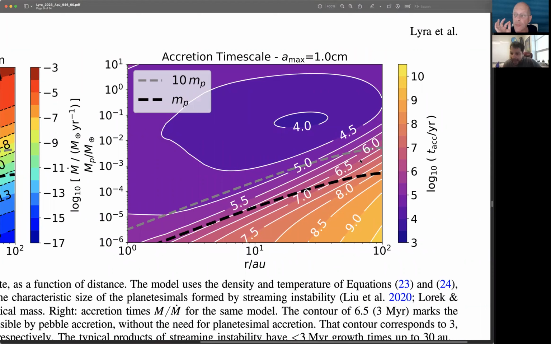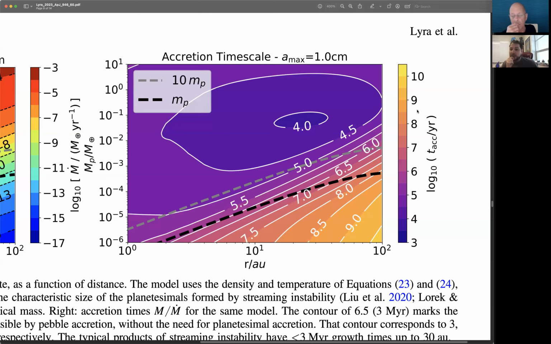Again, let me go through the axes. On the horizontal axis is the distance to the star, from 1 AU to 100 AU. On the vertical axis is the mass of the protoplanet that is doing the accretion. And color-coded here is the accretion time scale, so it's the mass divided by the mass accretion rate.